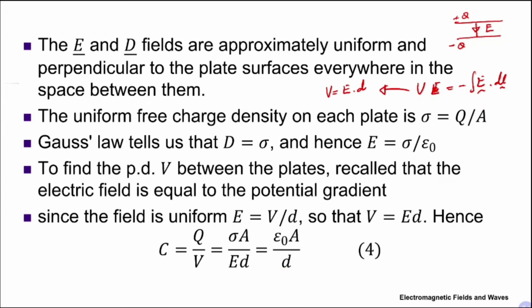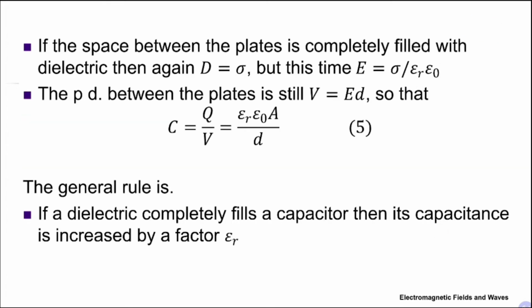Again, if we put dielectric materials between the plates, then the capacitance will be increased by epsilon R. So when we fill the space between the plates with dielectrics, then E will be equal to sigma over epsilon R epsilon naught.